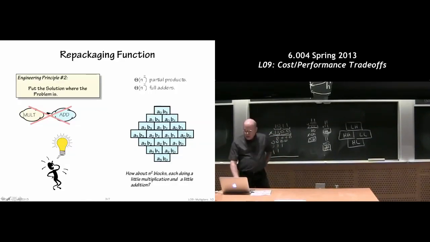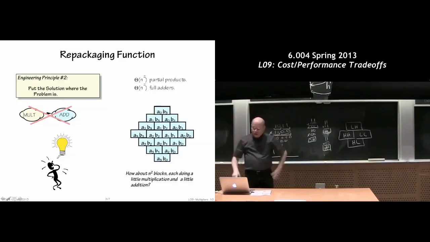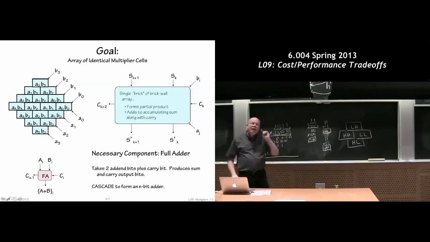Think of this building block as taking in 2 bits from the columns above. It has a carry in from the columns to the right, and it will produce a carry out to the columns at the left, and it will produce some bits out.